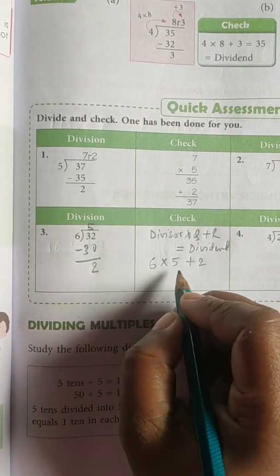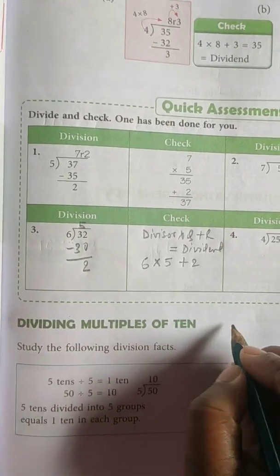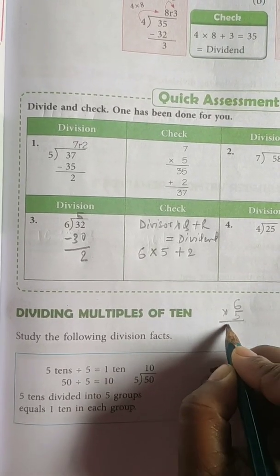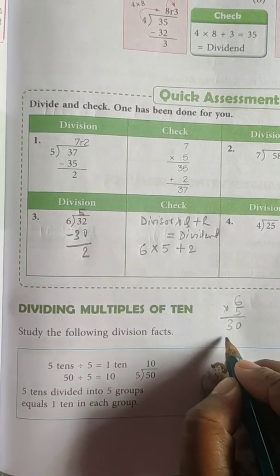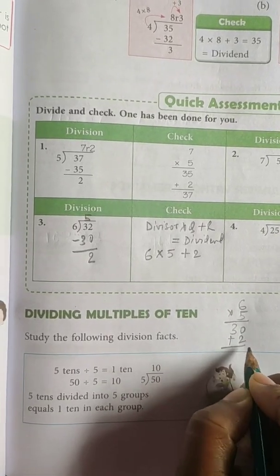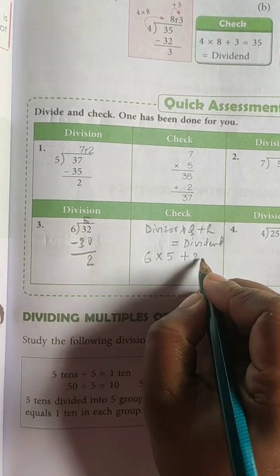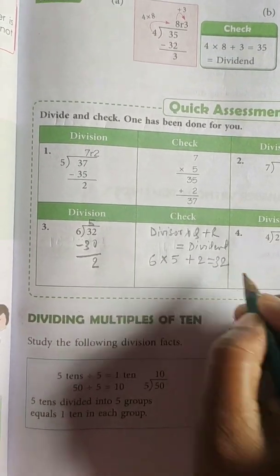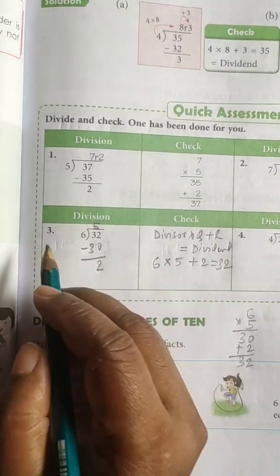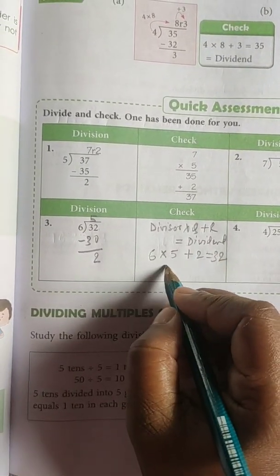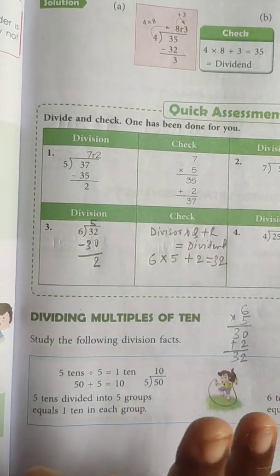Now solve this one. 6 multiplied by 5 equals how much? 30. And what is the remainder? 2. 30 plus 2. So what is the answer? 32. So 6 multiplied by 5 plus 2 equals 32. So see, 32 is the dividend. So checked. This is correct.